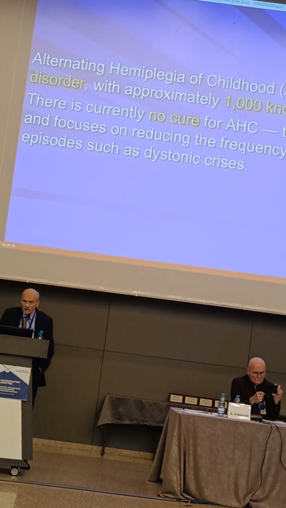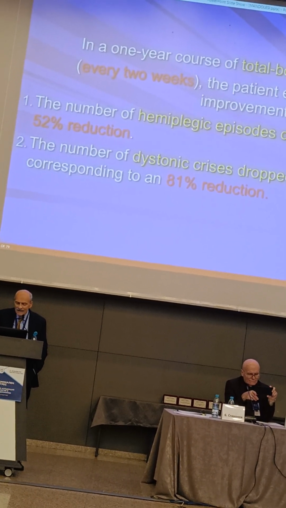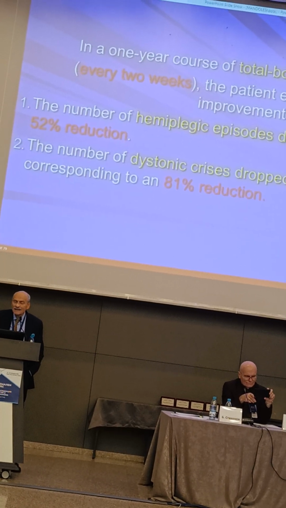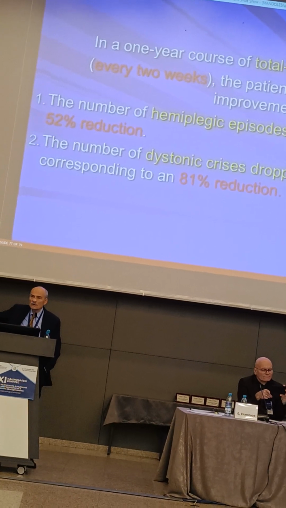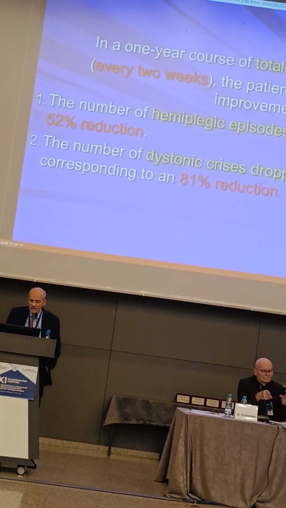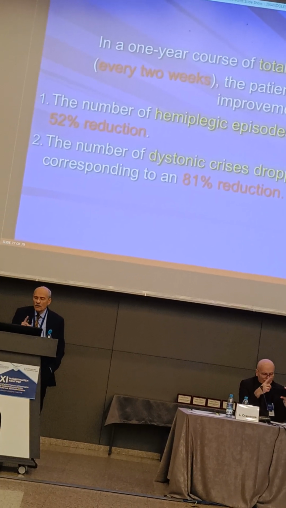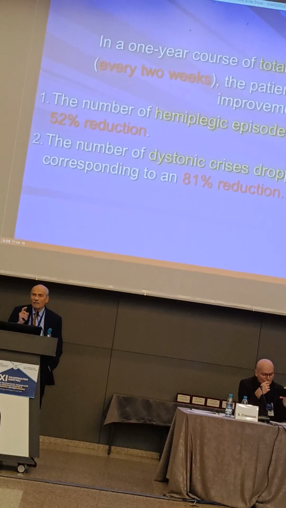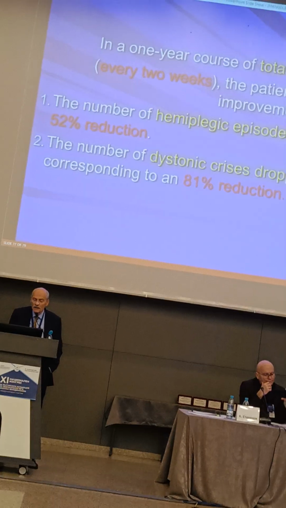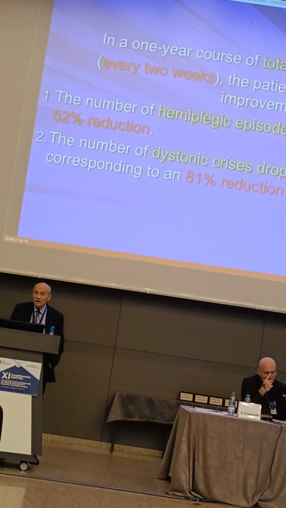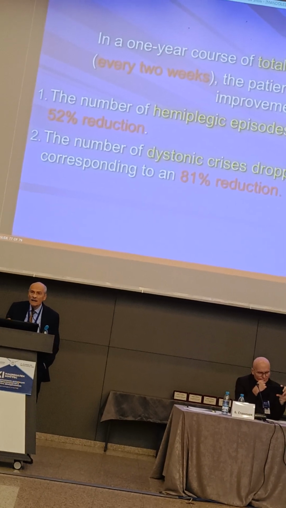This is not labeled, but the very important thing is that they have dystonic crisis with pain from 2 years to death. The number after 1 hour of treatment with the ACO-MAM, we had these results. The treatment session every 2 weeks, a month.